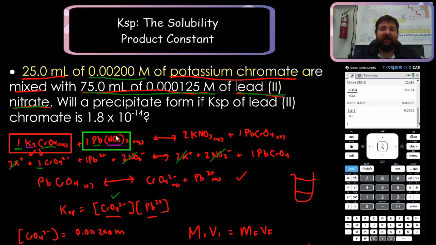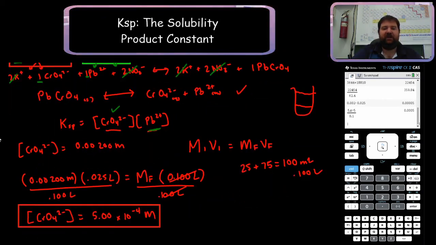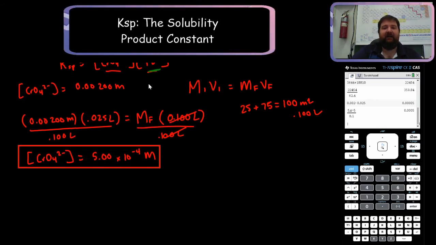My lead nitrate turned into lead and nitrate. Which one do I care about? I only care about the lead. What are these ratios? 1 to 1. How convenient. The concentration of lead nitrate is the same as the concentration of lead ions. They're also 1 to 1. So I don't have to change it. I just have to dilute it.